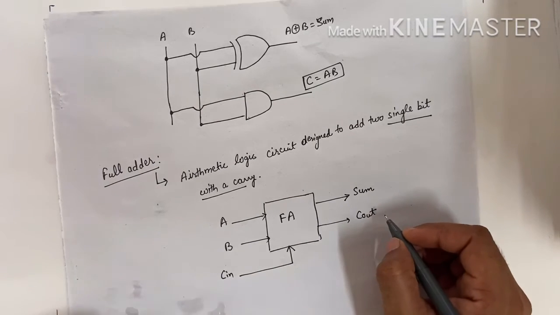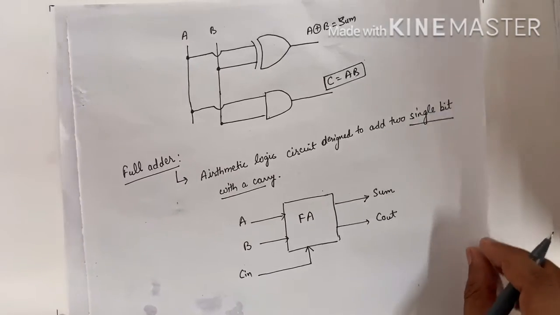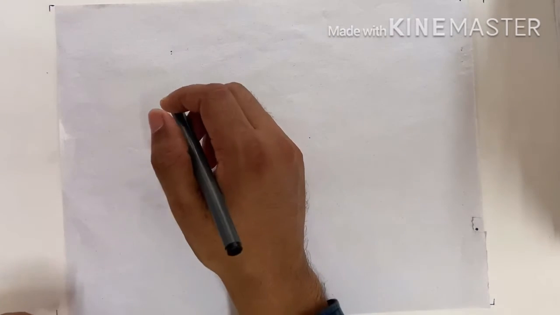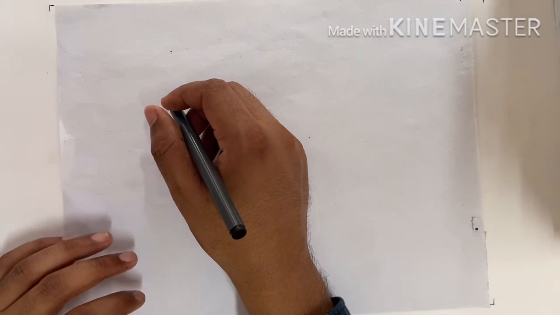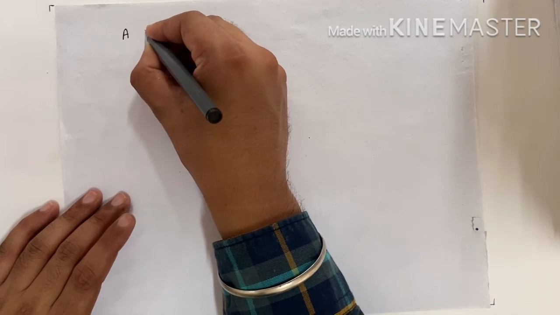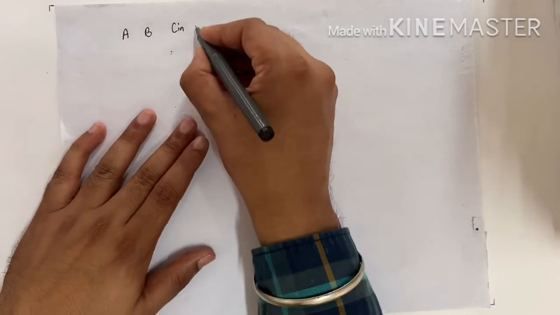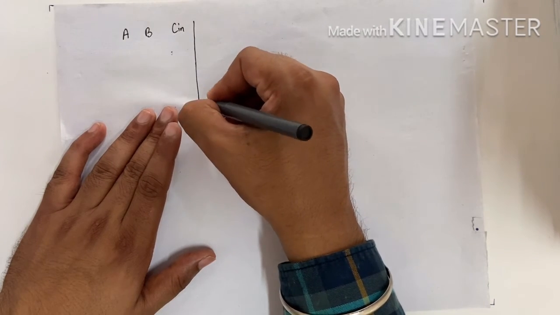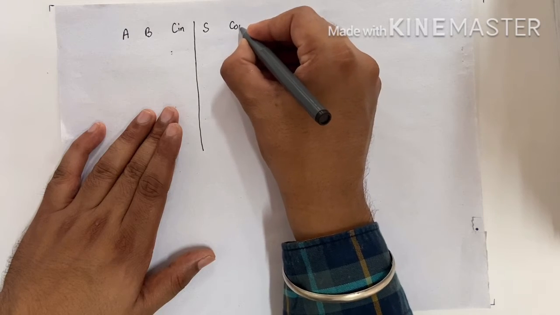Now we have to develop the truth table of the full adder. For the truth table there are 3 variables. For 3 variables there are 8 possibilities, so we put A, B and C inputs, and the outputs are sum and carry.